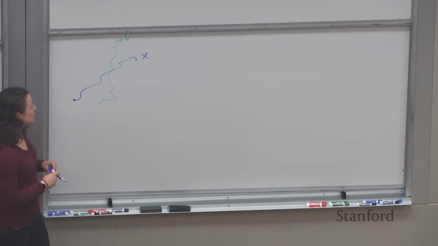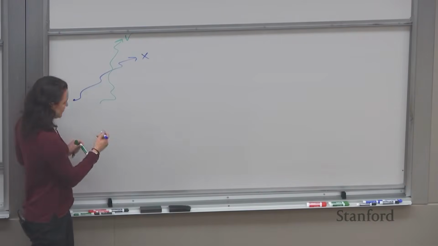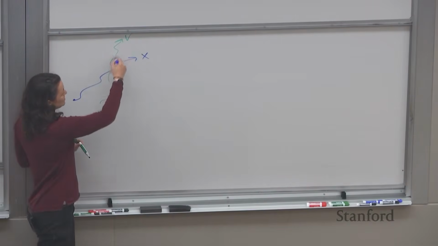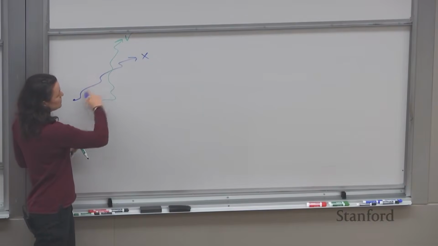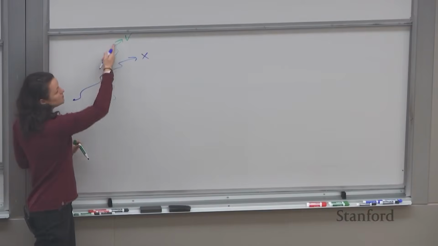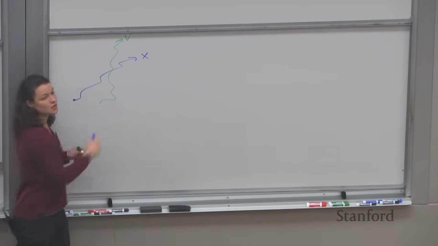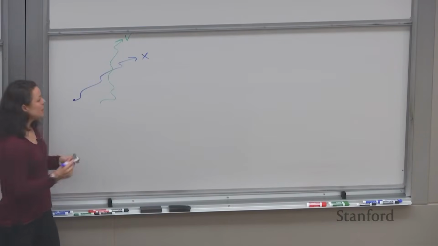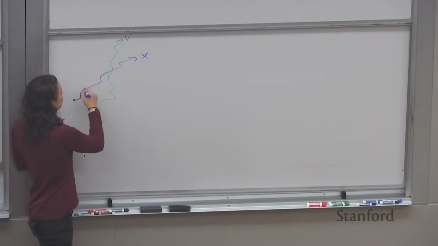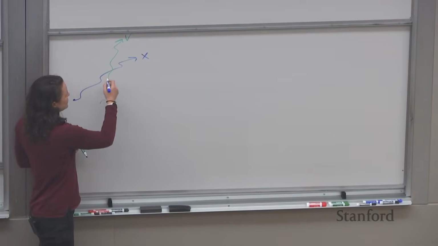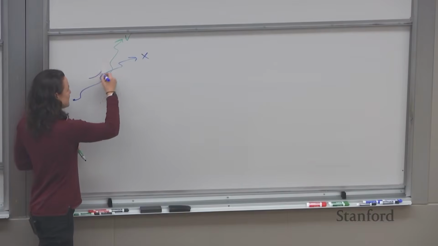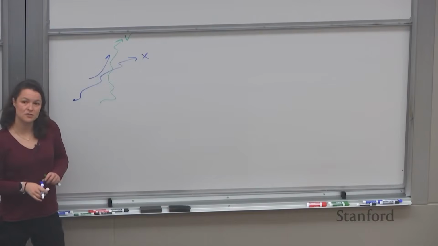Then a good offline RL method should realize that this is a good behavior, and also the first part of this trajectory, if you continue along the green trajectory at the end, can also be a good behavior. A good offline RL method should realize that when you're in these states, you should essentially be able to stitch together the first part of this trajectory and the second part of the green trajectory.